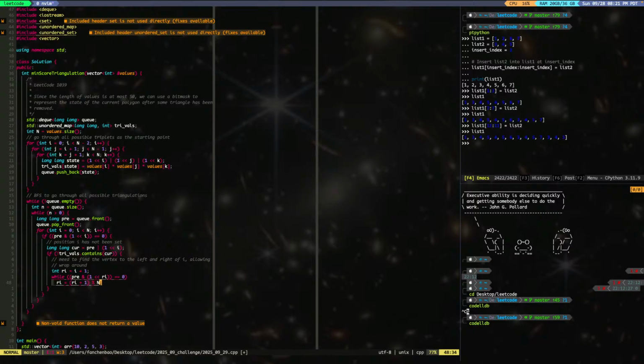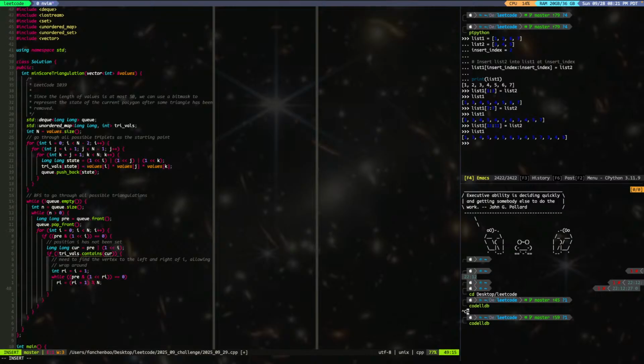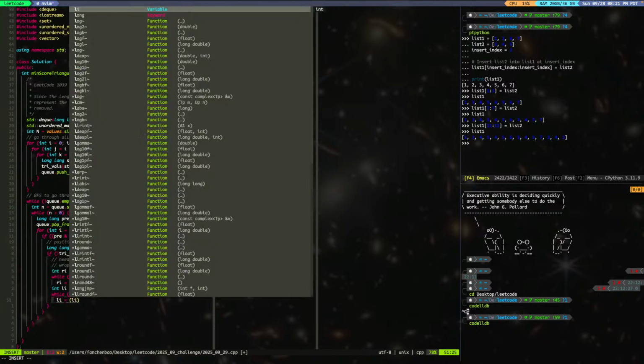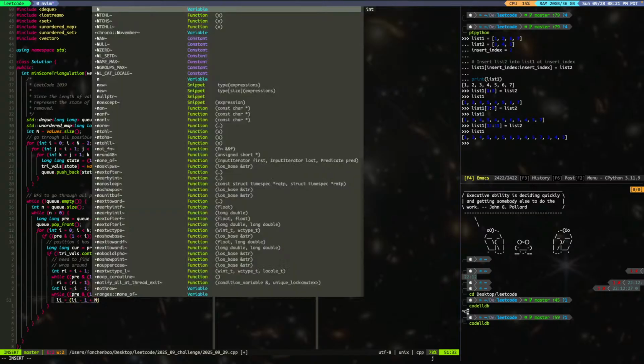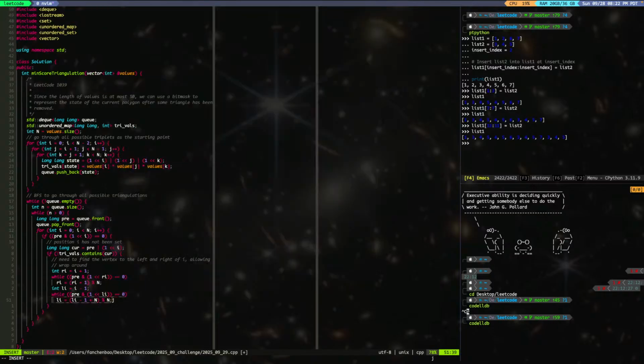We allow wraparound. So basically the first one that's set, we jump out. And int left I shall equal to I minus 1. While pre and left I is equal to 0, then left I shall equal left I minus 1 plus n mod n. So this will give me the left and right.